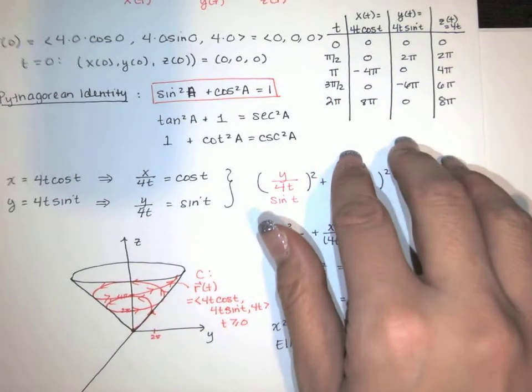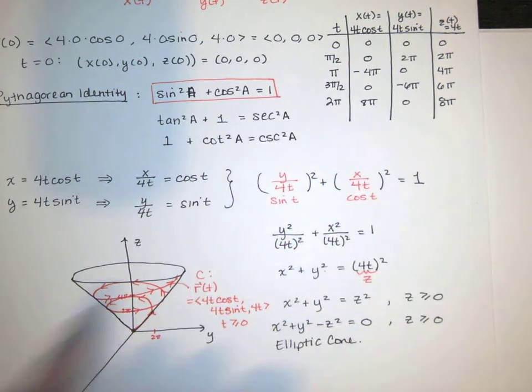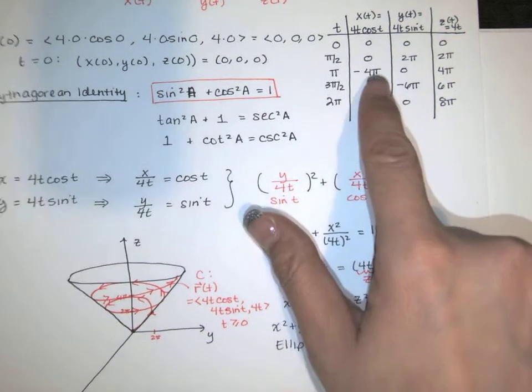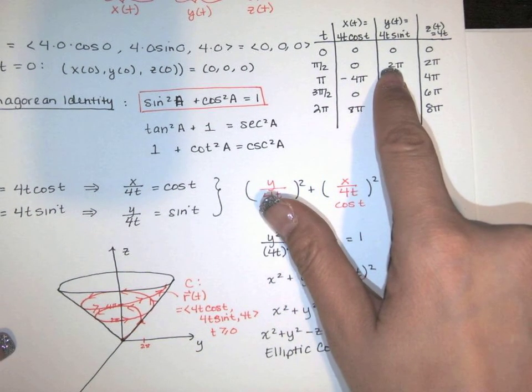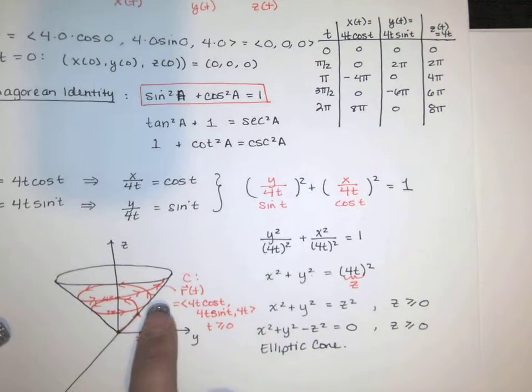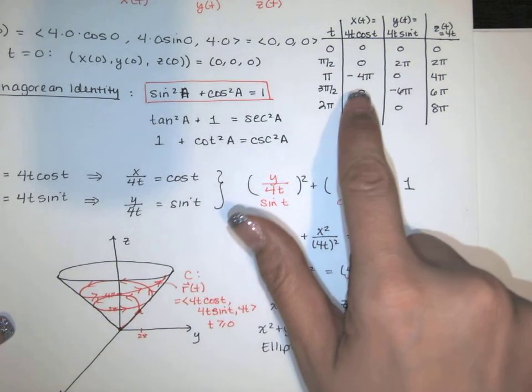Now, plotting these points, I thought it might help, but when I was trying to graph it in 3D, it was still difficult to visualize. But I know when I'm saying x is 0, y is 2 pi and z is 2 pi, then I'm over here in the yz plane at 2 pi.